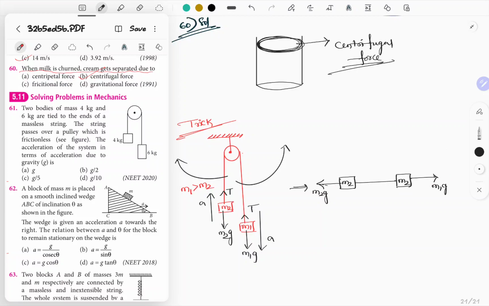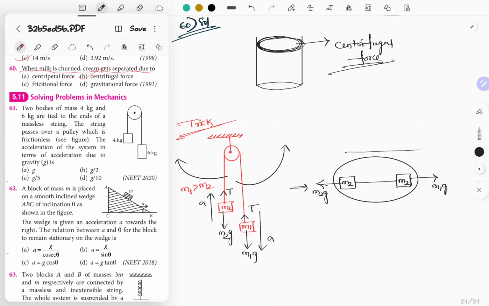Don't say weight acts downward. I already represented how weights will be represented on this diagram. After that only I am stretching the system. This system is after stretching the system which is shown in the left side diagram. So finally the blocks move towards the right because m1g is greater than m2g.